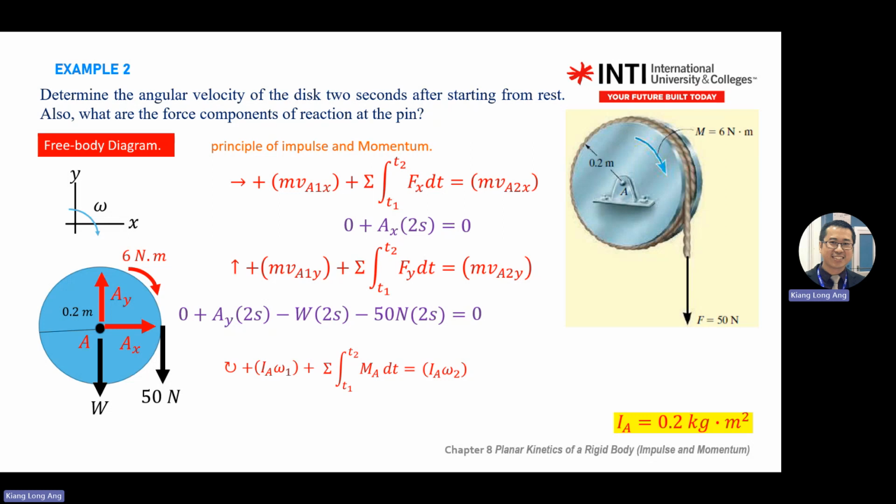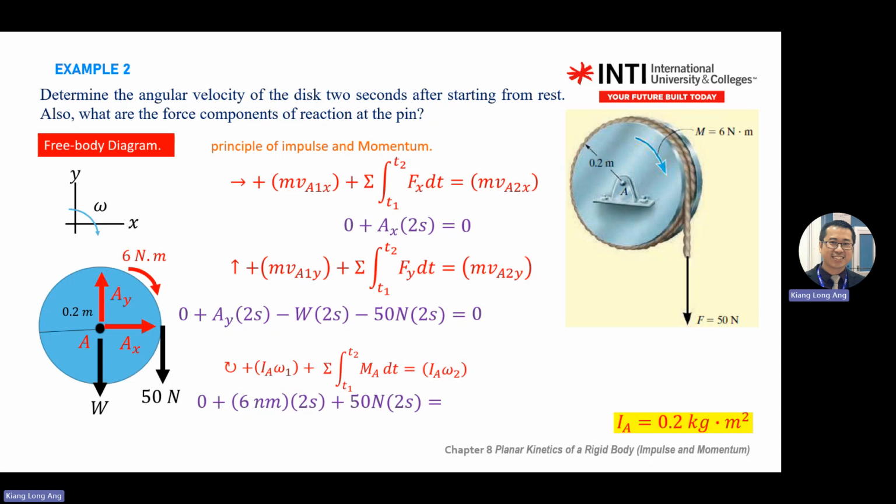And the third one, how to find IA. IA is at where? This center. Refer to table. IA has value omega 1. They start from rest, then the answer is start from rest, then become 0.